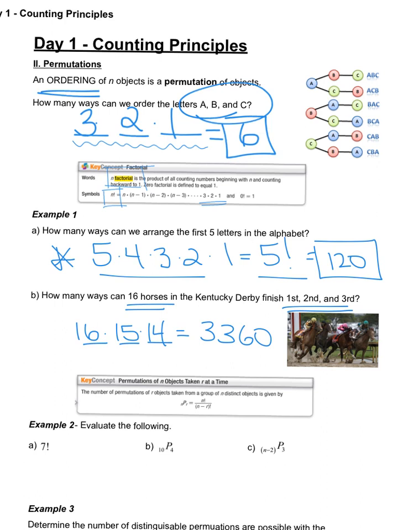Or we can use permutation notation. Since the order of the horses matters, we can start with 16 objects and understand that we're talking about permutation. The second number in your notation is going to be the number of spots you care about. So I start counting with 16 objects. I care about 3 positions.